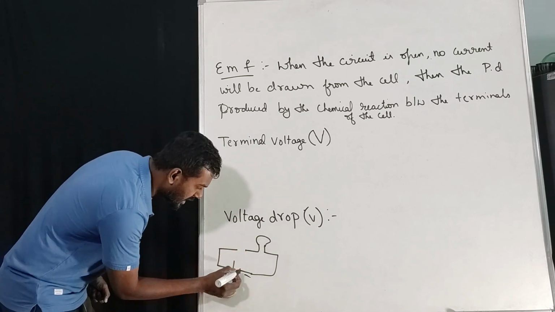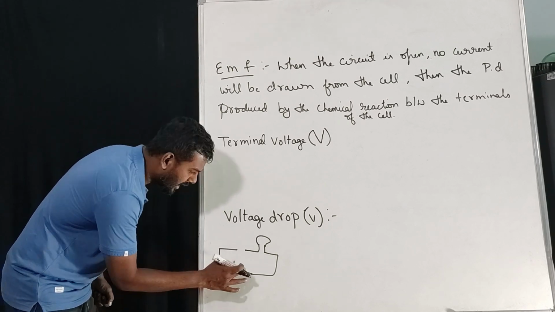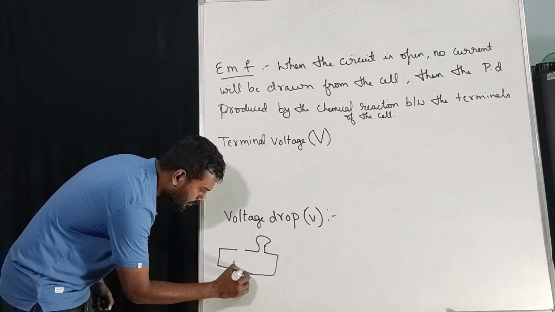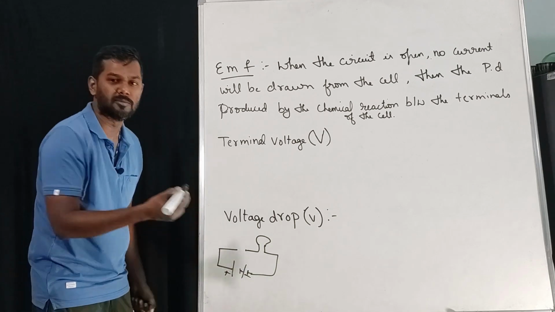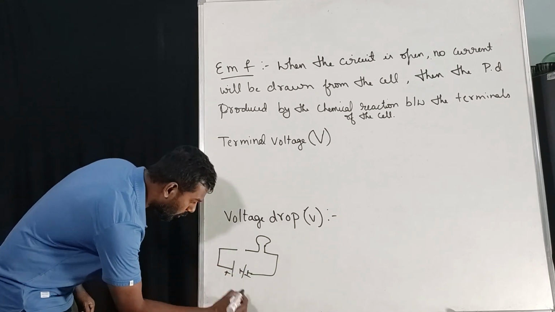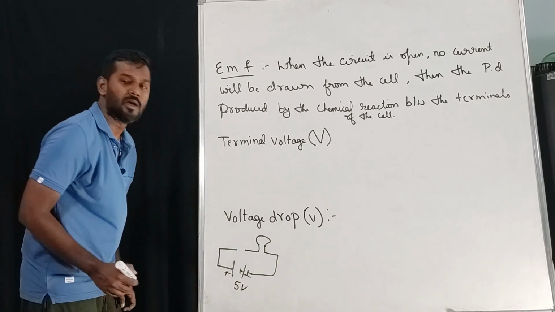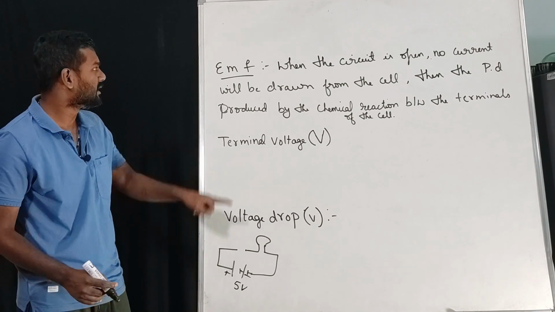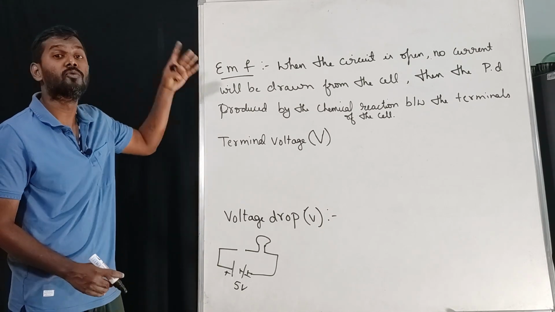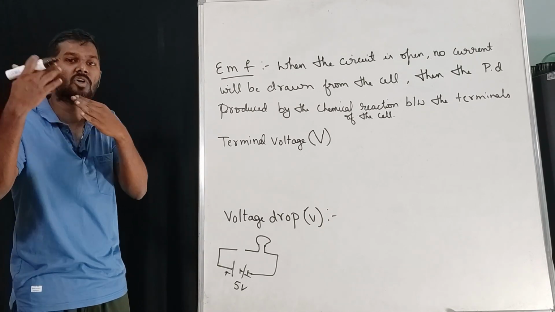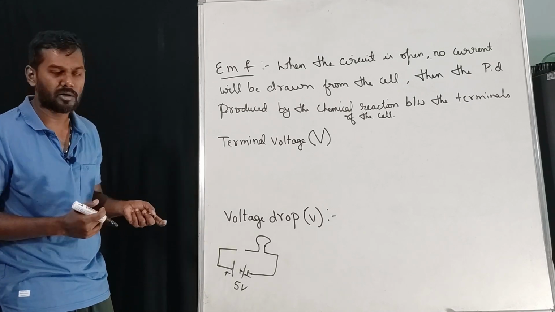This is the cell, correct? If you add one more cell, it becomes a battery, correct? So the voltage in the battery, assume 5 volts, is nothing but EMF. This is how you need to understand, then it will be easy to solve any theory question or numerical.